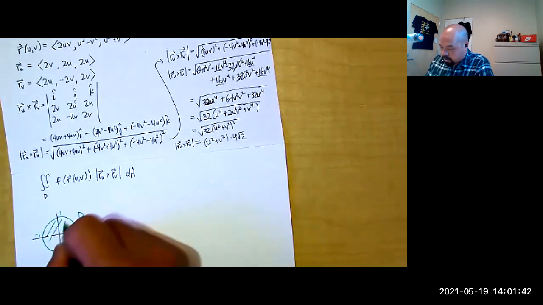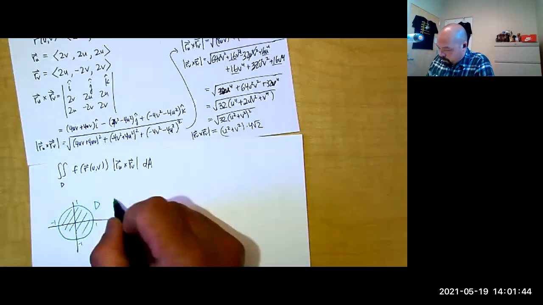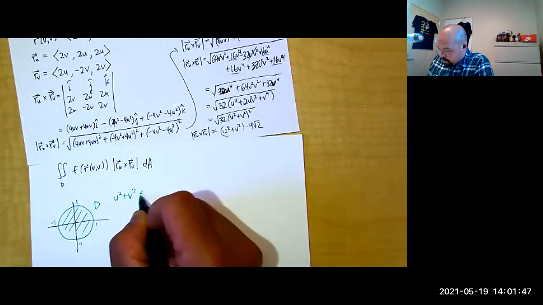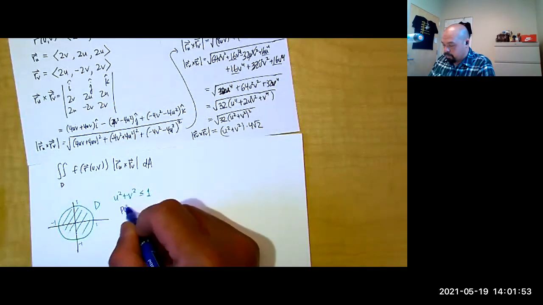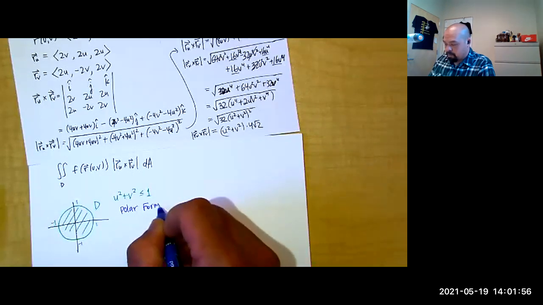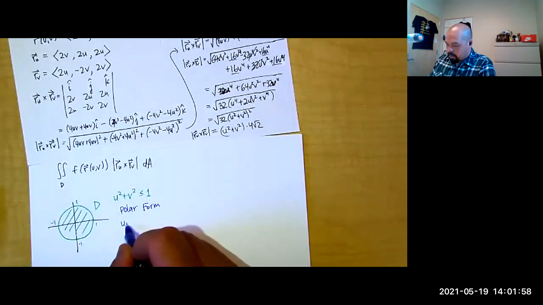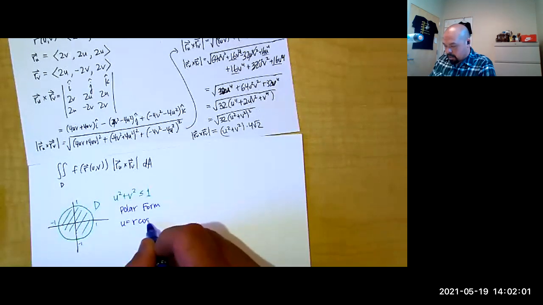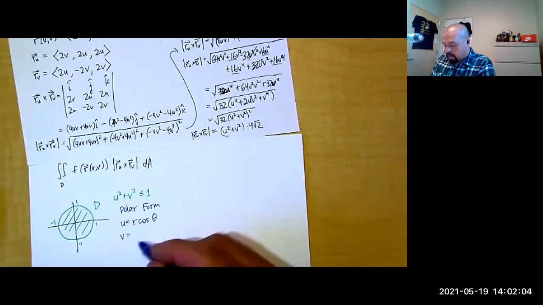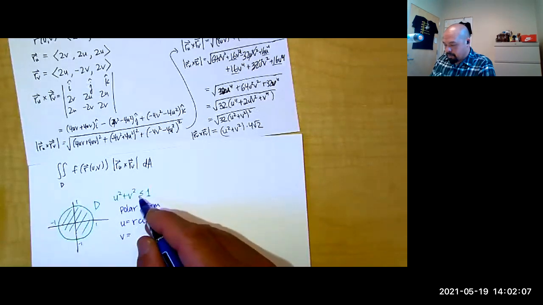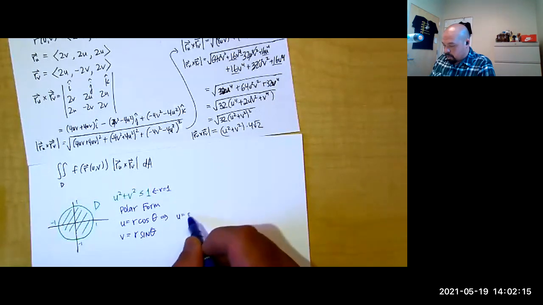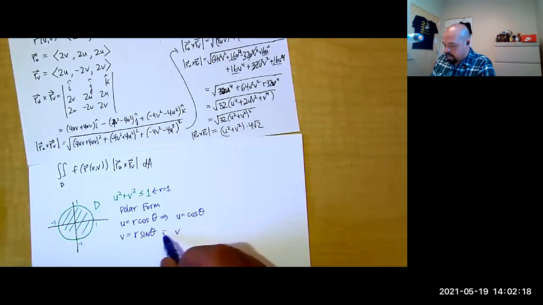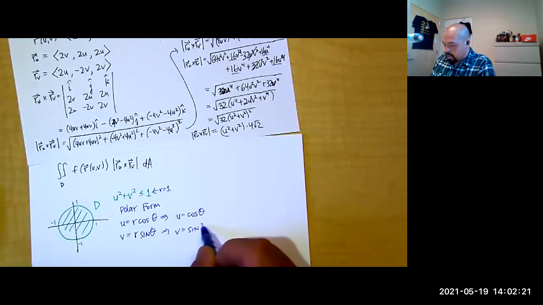If this is a region D over which we're integrating, that circle, that disk, it probably supports that we can use polar coordinates. u can be like our x, our cosine theta. v can be like our y, our sine theta. In this case, r is equal to 1. So u is going to be the cosine of theta, v is going to be the sine of theta.